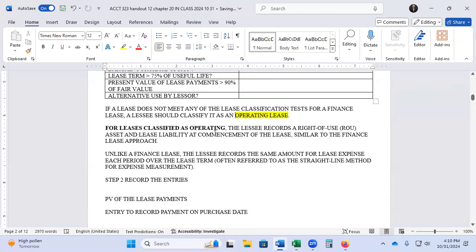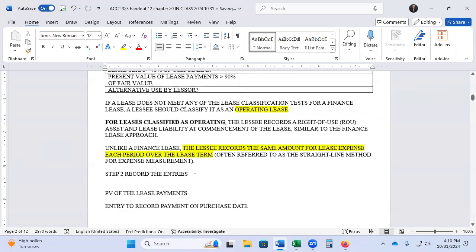For leases classified as operating, the lessee records a right to use asset and a lease liability at commencement of the lease, similar to the finance approach. Unlike a finance lease, the lessee records the same amount for lease expense in each period over the lease term. So it's just a straight line method.